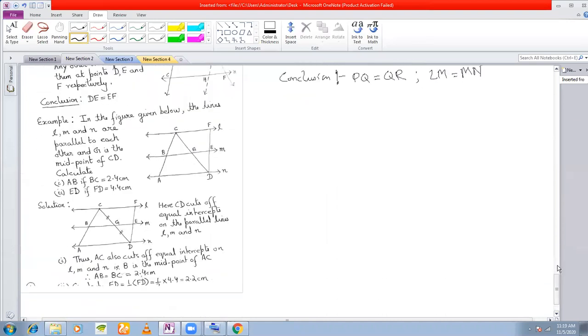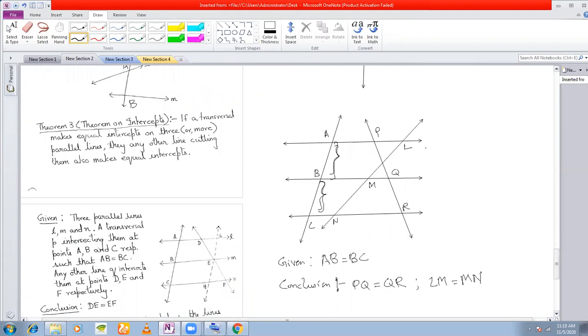Yeah, I do not understand. Suppose these lines are L1, L2, L3, which are given parallel, and L4 is a transversal that cuts L1, L2, and L3 at A, B, and C, such that AB is equal to BC. This is given to you.